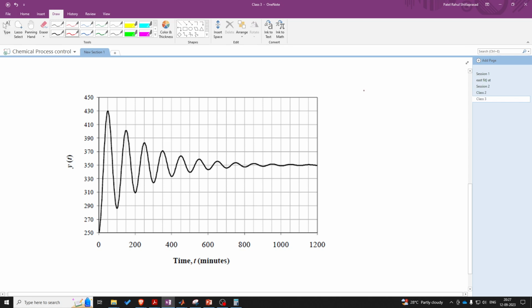We have to use this plot and find the value of tau. So tau is basically this term.